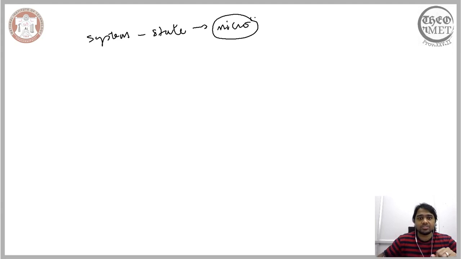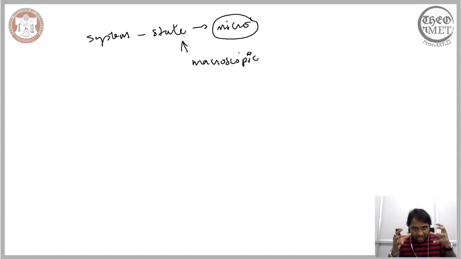This allows us to treat the system as a whole on a macroscopic scale. So as opposed to the microscopic consideration, thermodynamics almost always treats the system on its macroscopic scale, and in order to describe the state of the system, it introduces definite variables, and using these variables we define the state of the system.